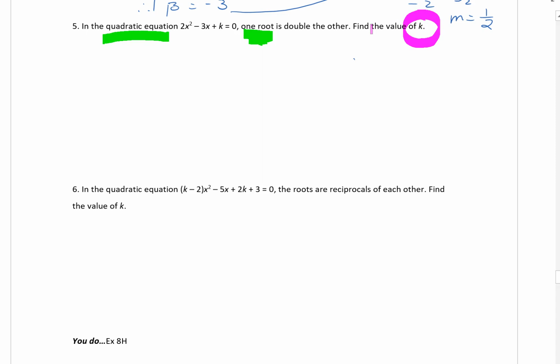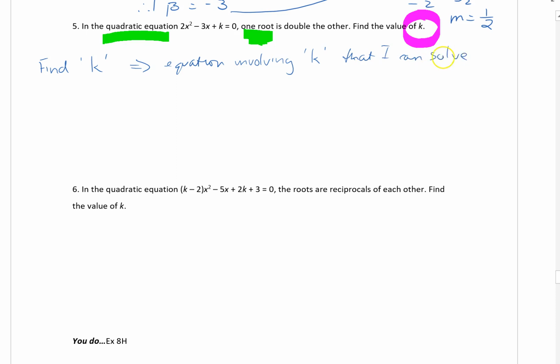Anytime we want k, any variable that we're finding, we know that we would ideally like an equation with k in it, and so find k tells me I want an equation involving k that I can solve.